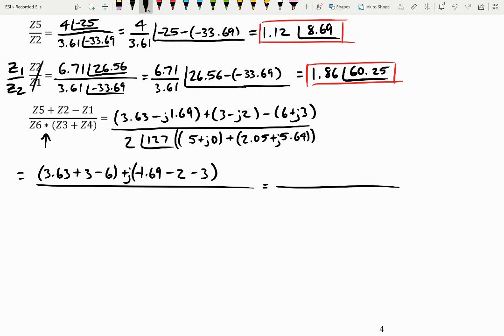Let's grab that real quick, whatever that turns out to be. 3.63 plus 3, 6. So this gives me 0.63, and I'll get negative j6.69.